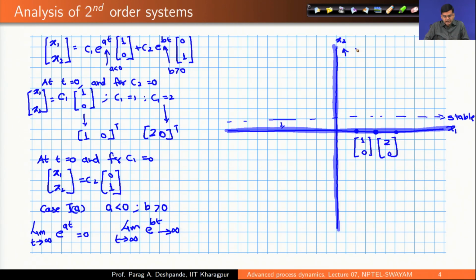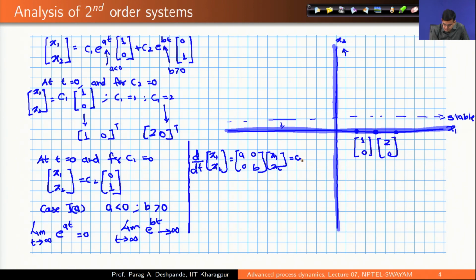And then what I see is that my system of equations is d by dt of x 1 x 2 equal to the matrix a 0, 0 b multiplied by x 1 and x 2, and if I want to determine the equilibrium solution, then it will simply be given by setting this equal to 0, which gives x 1 equilibrium, x 2 equilibrium to be 0 and 0.